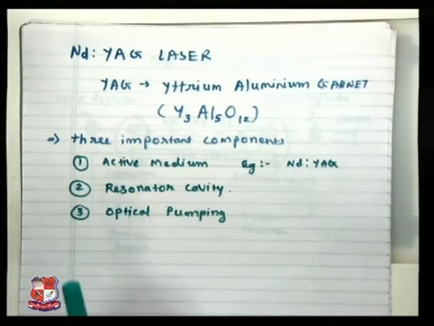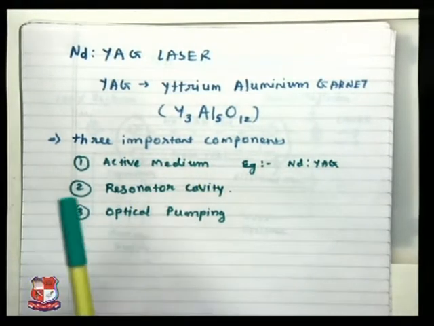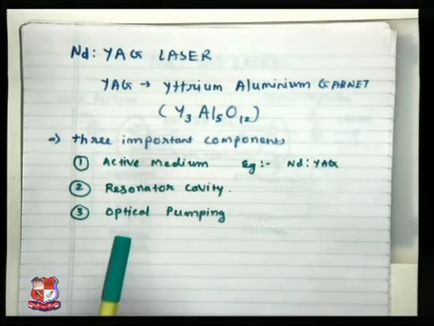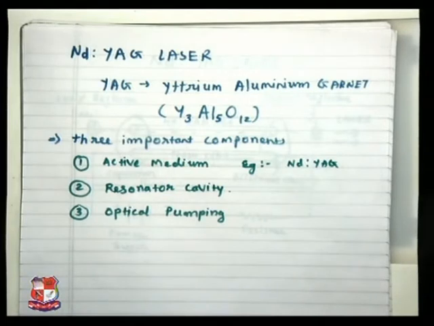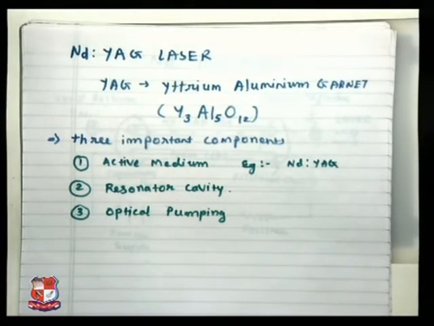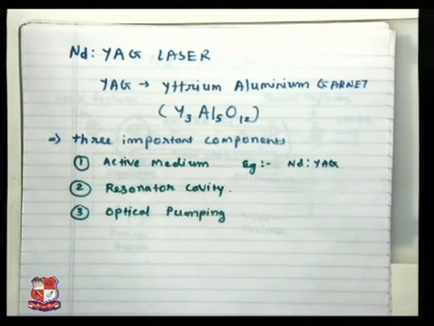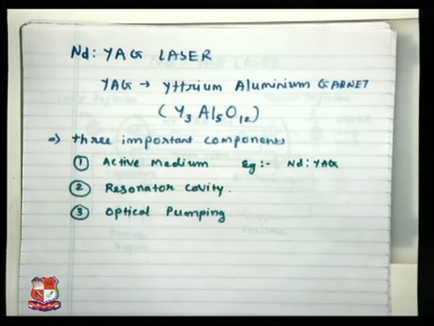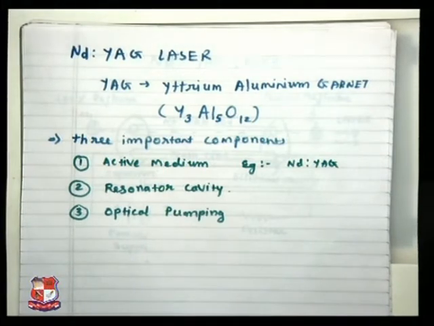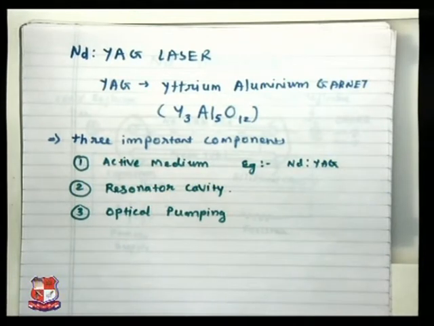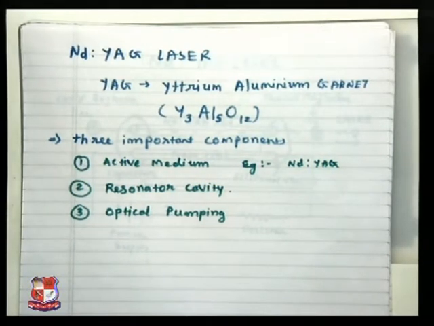If this question is asked for 5 to 6 marks, you have to define these three components and then draw the diagrams for the Nd:YAG laser. The first is the simple diagram of the Nd:YAG laser, and the second is the energy level diagram.